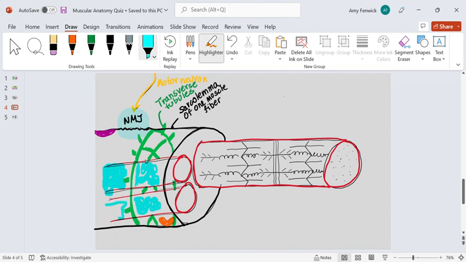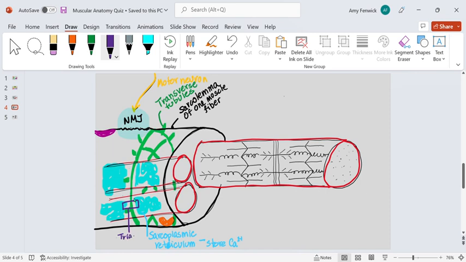This is what is called the sarcoplasmic reticulum, and again, these are structures that are beyond my individual ability to draw. So the sarcoplasmic reticulum is a web-like structure that surrounds a myofibril, and its big job is to store calcium.